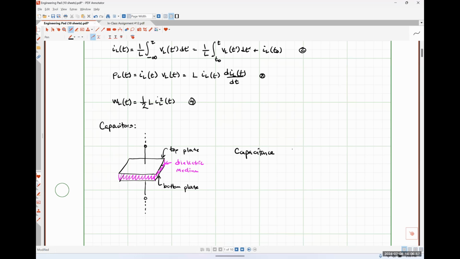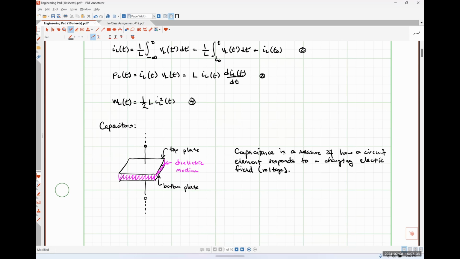So capacitance is a measure of how a circuit element responds to a changing electric field or changing voltage. So in a capacitor, well, actually, let me backpedal a little bit.